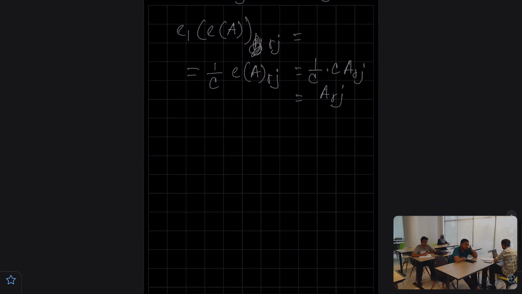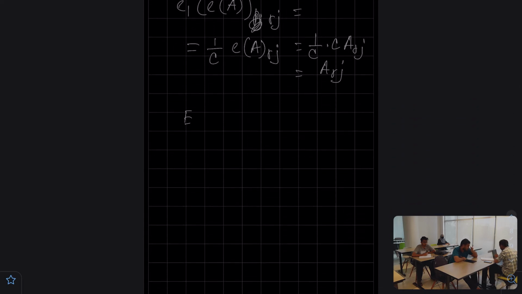Now, if I apply this E1 on the identity matrix, then it will give me another elementary matrix, because E1 is also an ERO. So if I apply it on the identity matrix, this will give me the elementary matrix E1. Then what I can do is take the multiplication of E with E1. So E with E1, this is what?